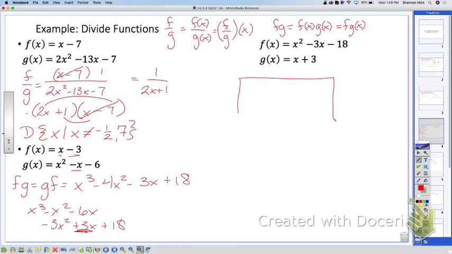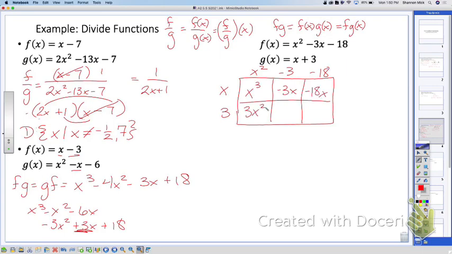Now, when you do the box, I'm going to do a 2 by 3, because I like my boxes to go long instead of tall, so I don't use up paper space. But it doesn't matter, does it? No. So I'd have x cubed, minus 3x, minus 18x, 3x squared, minus 9. That probably should be an x.